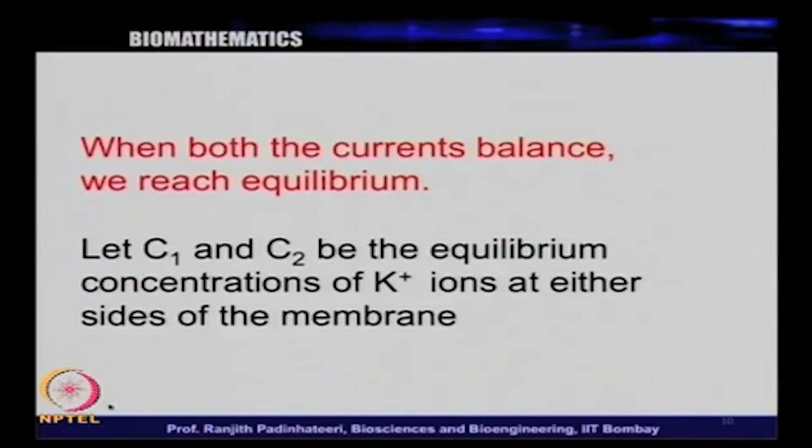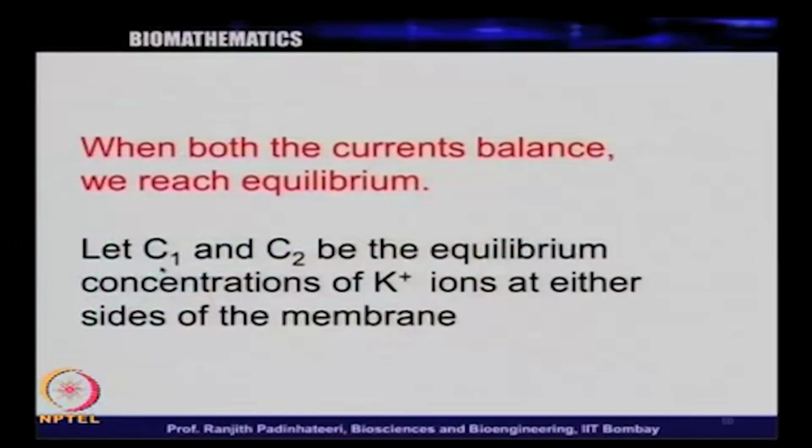Let us assume that C1 and C2 are the equilibrium concentrations of K plus ions at either side of the membrane. At equilibrium, when the flows are balancing, on an average C1 is the concentration on one side of the partition, and on the other side of the partition we have C2.